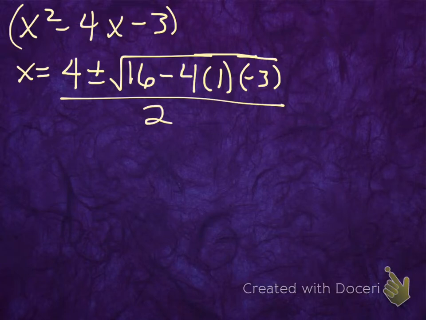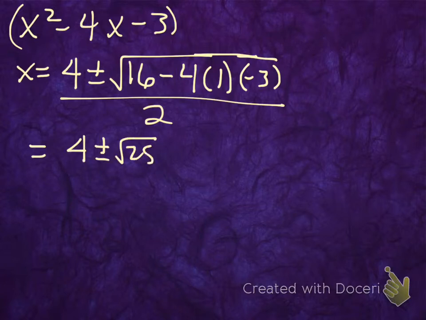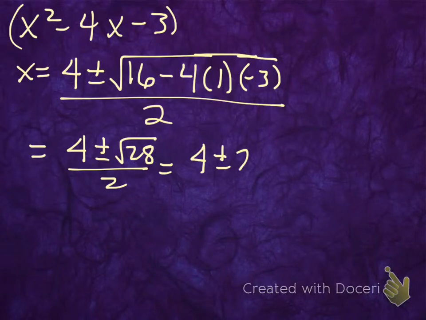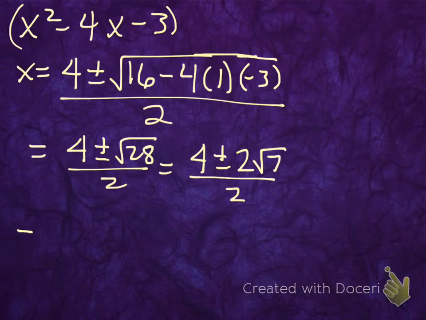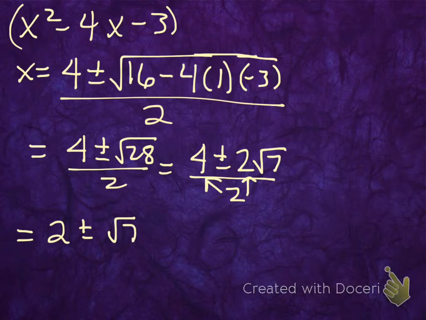Well then, when we clean that up, we get 4 plus or minus the square root of 28 over 2, which we can simplify the square root of 28 by splitting it up into 4 and 7. We get 4 plus or minus the square root of 4, which is 2. Square root of 7 we can't take, so we leave it. And then we can divide that 2 off by dividing it into both of the terms on top, and we get 2 plus or minus the square root of 7. Those are our other two zeros.